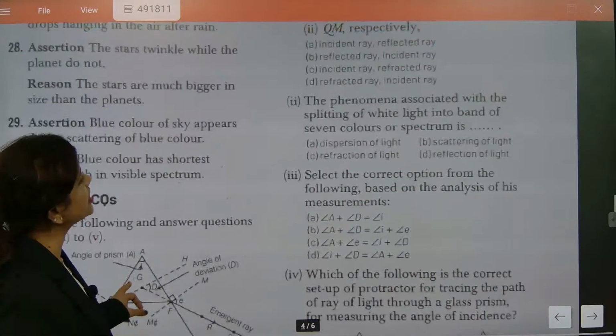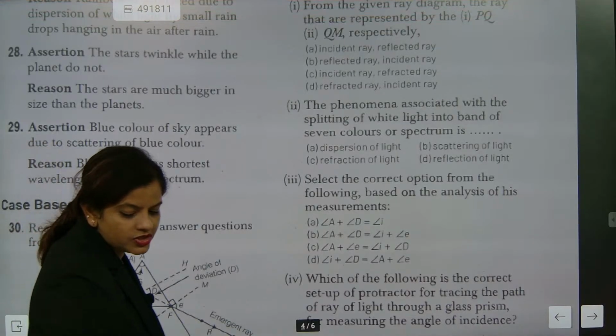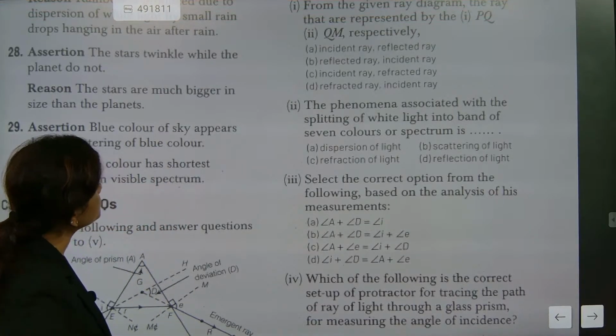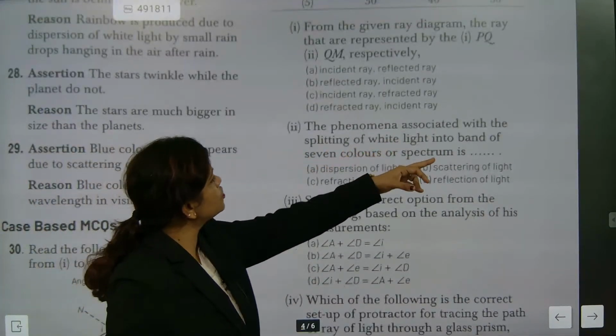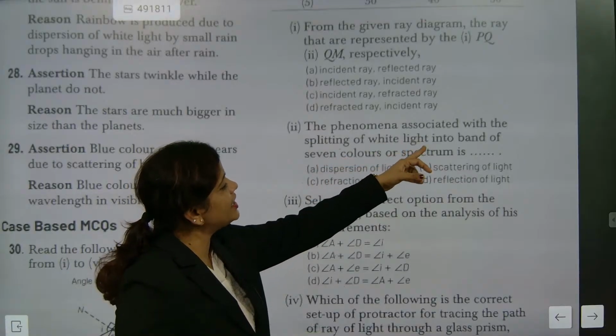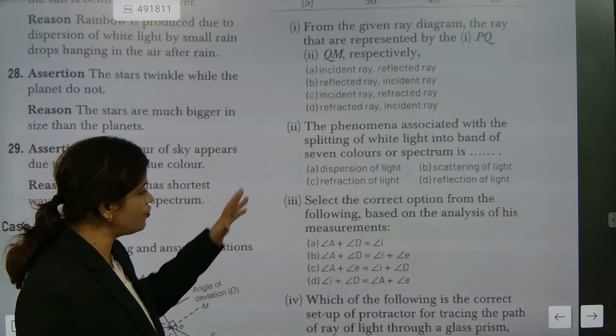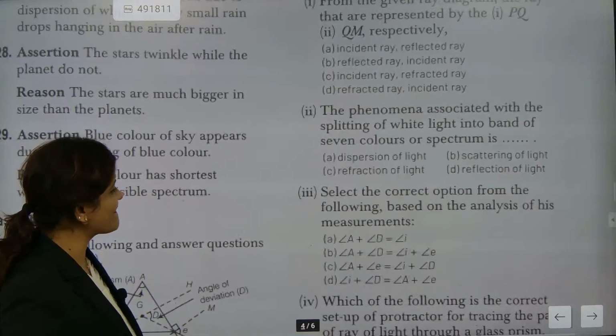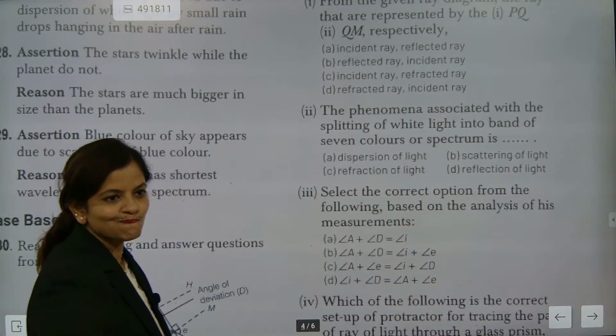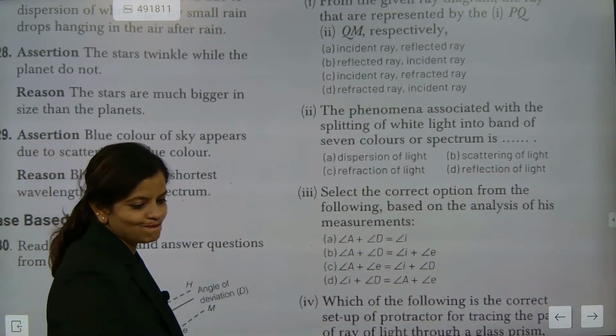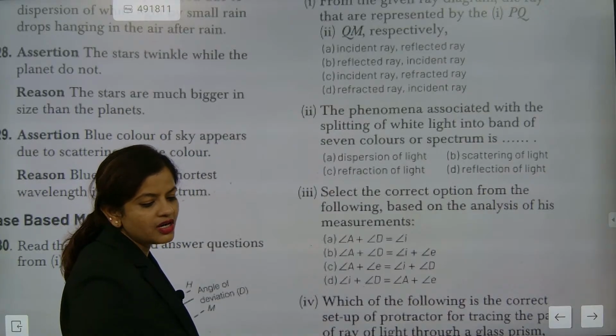Come on, go for the second question, children. What is the second question answer? The phenomenon associated with splitting of white light into band of 7 colors is called as? Anybody has to answer this question? I'm waiting. They are not answering.